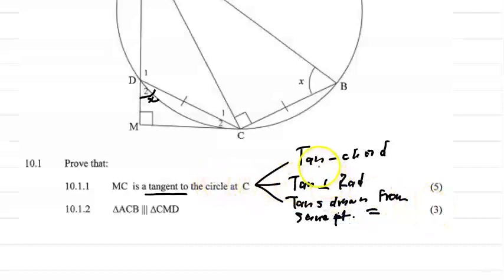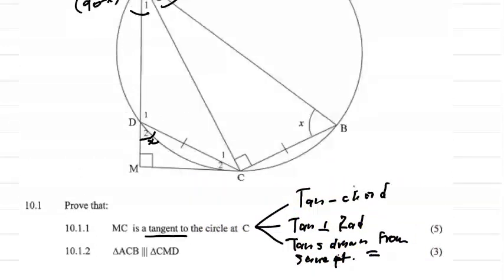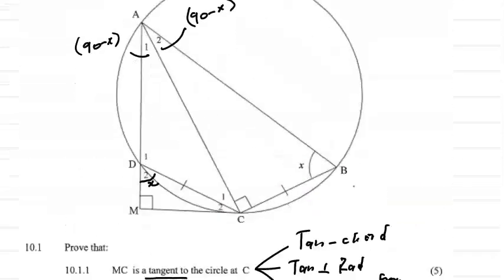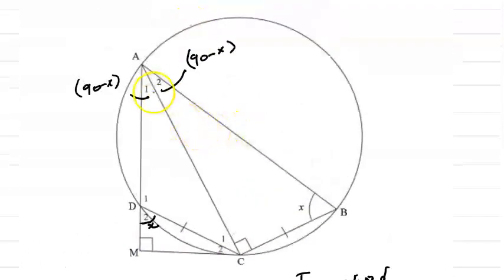So let's see which one of these ways we can prove that MC is a tangent to the circle. If you look very carefully, what do we have so far? I have that A2 is equal to 90 minus X. M1, I've shown that it's equal to 90 minus X. So let's find one of these angles, or let's find anything between the tangent and the chord.